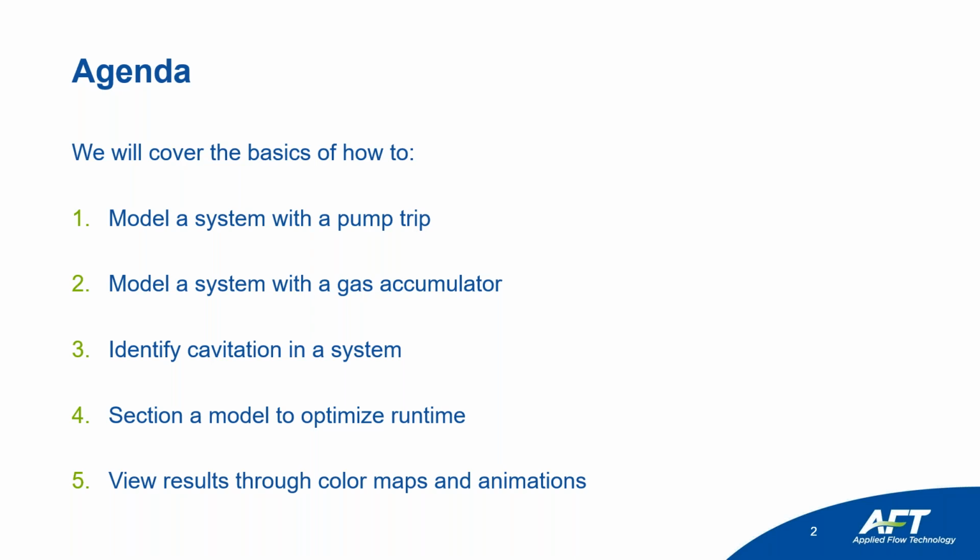After that, we're going to go into some basics on identifying cavitation in your system in AFT Impulse. Then we'll move on to sectioning your model to optimize runtime. Sectioning is a topic I'll dive into much more at a later point if you are unfamiliar with what sectioning is. And then finally, we'll wrap up by showing you guys some visualization features using color maps and animations.